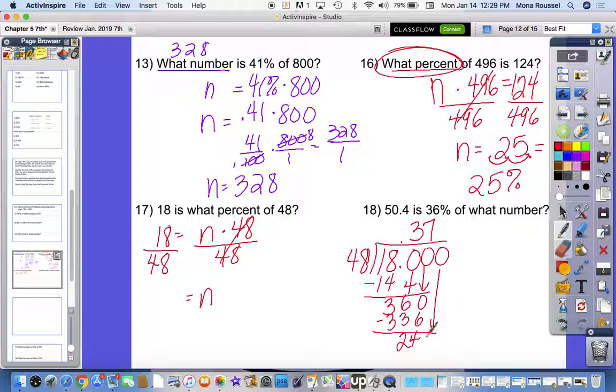Another 0, bring it down. 48 into 240 is 5. Now again, we have a decimal, but our question's asking for a percent. So we need to move the decimal 2 times to the right, and we get that n equals 37 5/10%.